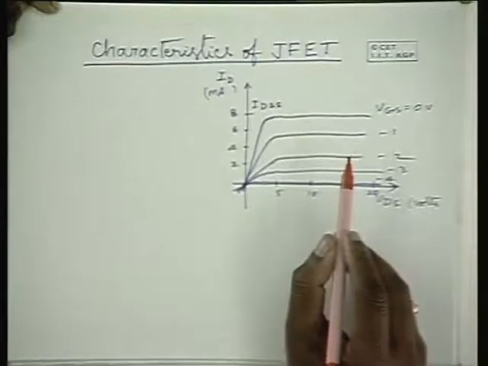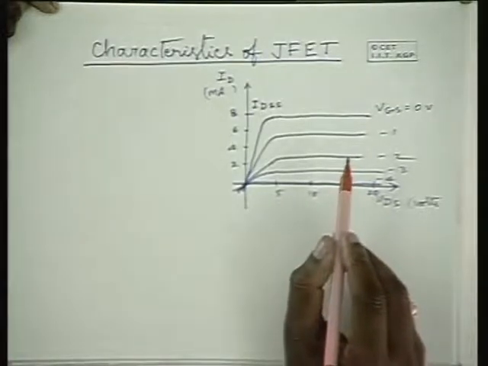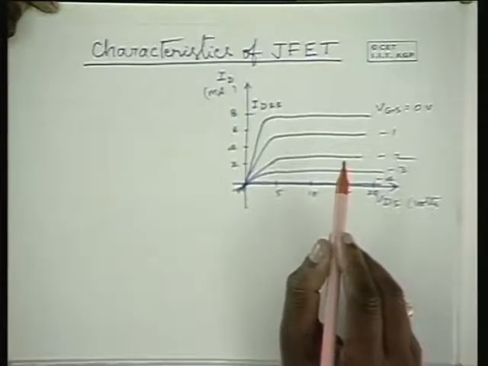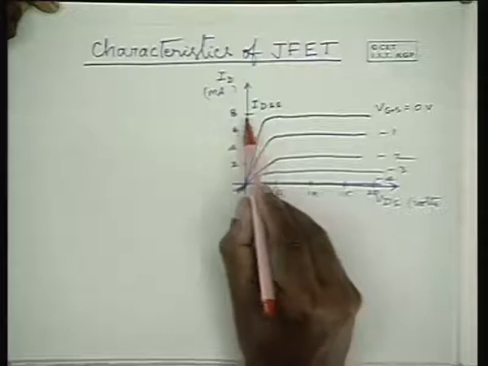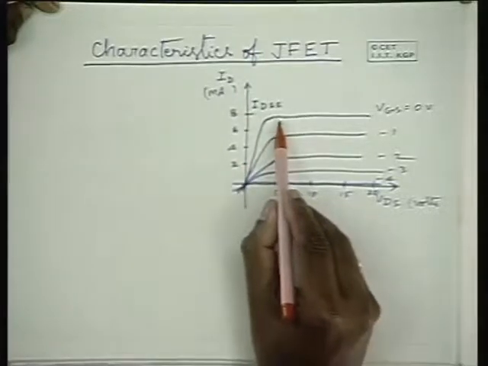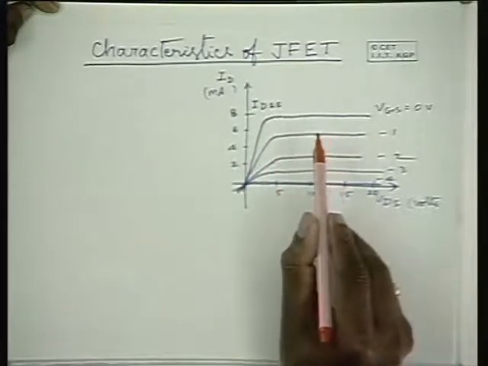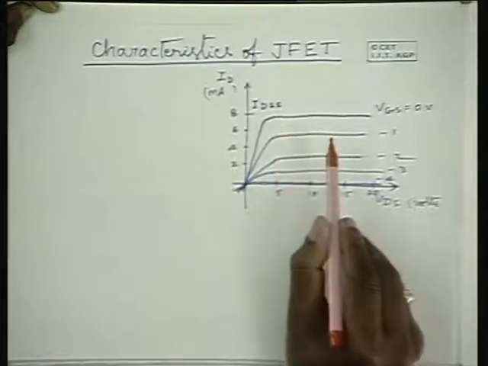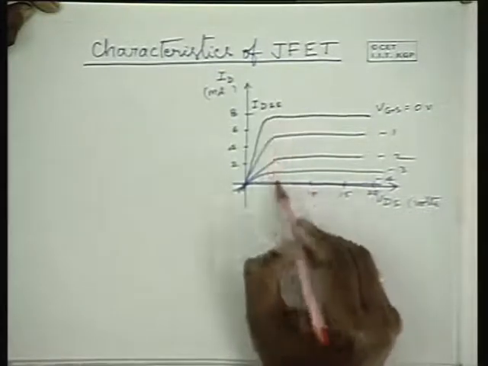The semiconductor channel gets pinched off of the carriers, the free charges, and as a result the resistivity increases and the current attains some saturation level. The current saturates beyond a certain voltage.